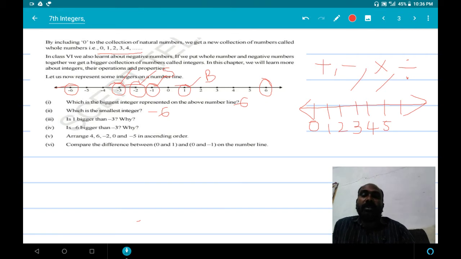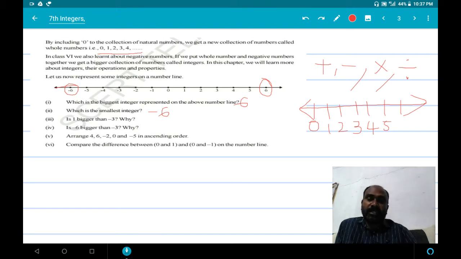Okay. Is 1 bigger than minus 3? Why? Let us answer it. Think. Is 1 bigger than minus 3 or is 1 less than minus 3?